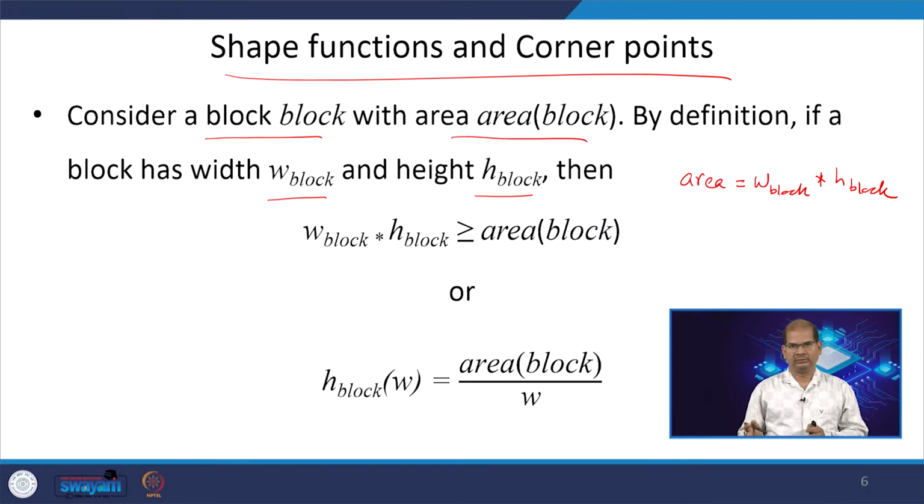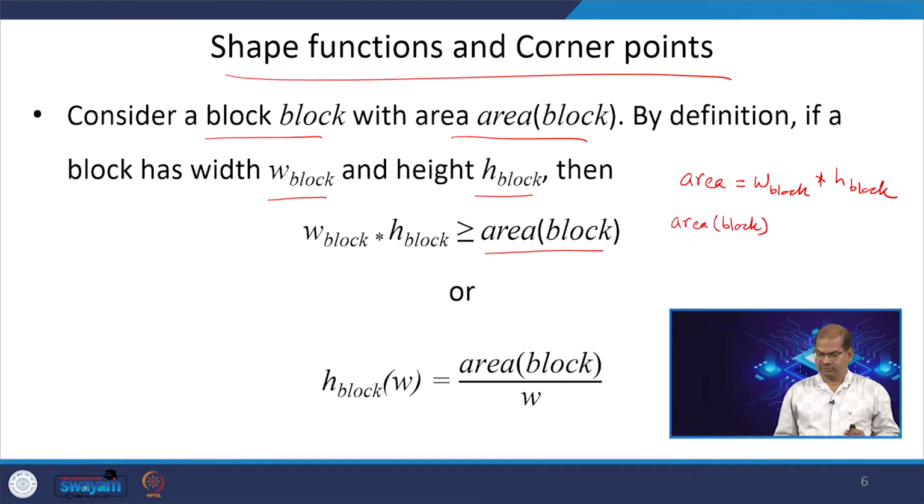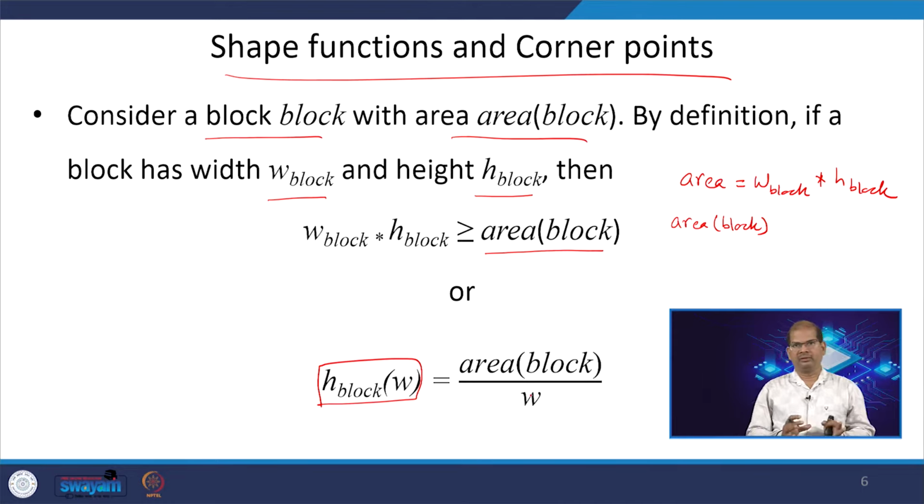So, the area of the block should be less than or equal to W block into H block. H block is the area of the block divided by W. You can keep the area the same, but you have multiple possible combinations of W and H.